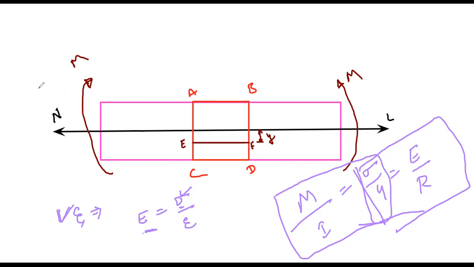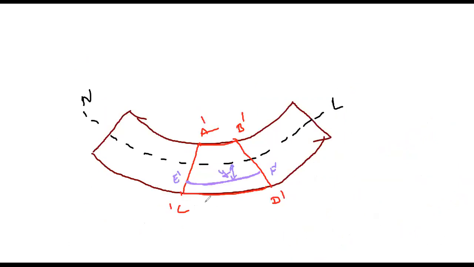Then I applied the moment. After the application of moment, the beam is bent like this with O as center, and this will be the radius, or you can call it the radius of curvature from the neutral layer.